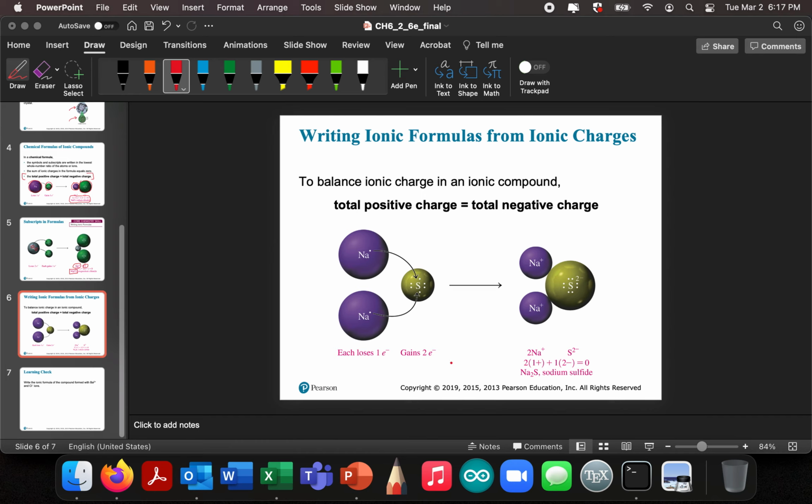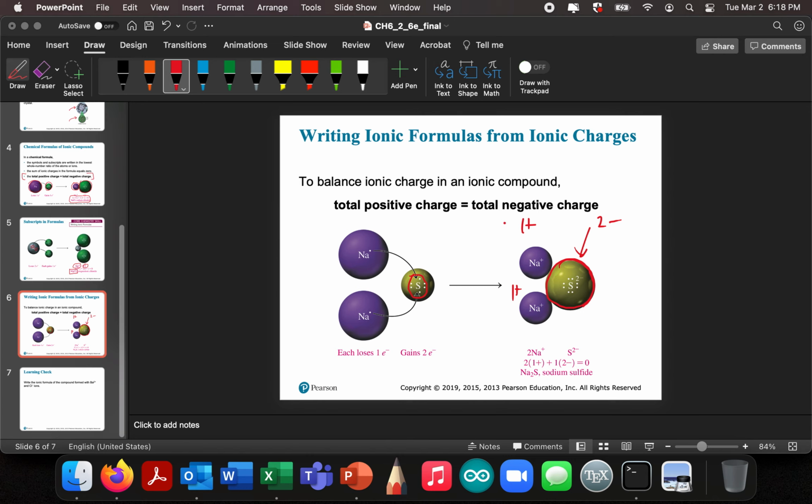Here's an example of when you have sodium and sulfur. Sulfur has a capacity for 2 extra electrons. There are only 6 in sulfur's outer shell, but it wants 8, right? So it's going to become sulfide. We learned in a previous conversation that sulfur is in group 6, so it has a tendency to take on a 2- charge. Sodium's in group 1, so it has a tendency to take on a 1+ charge.